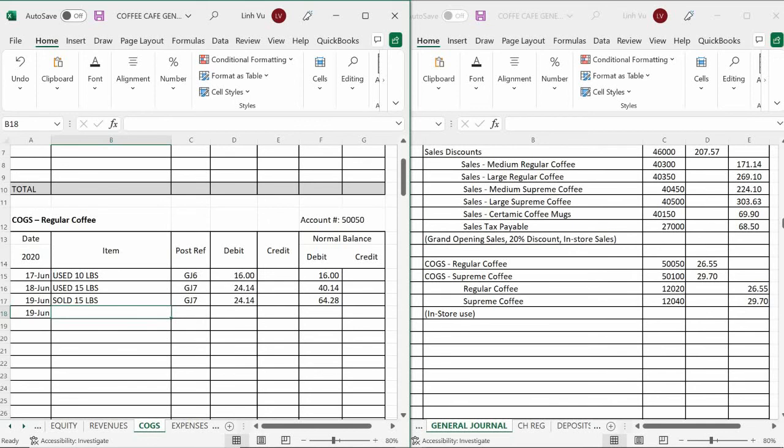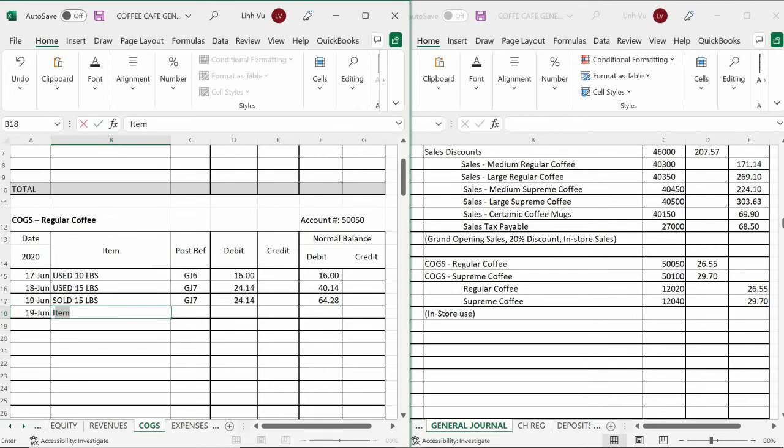So I'm at cost of goods sold for my regular coffee. We used 16.5 pounds.